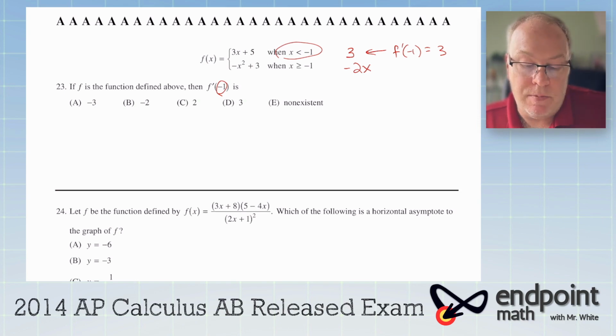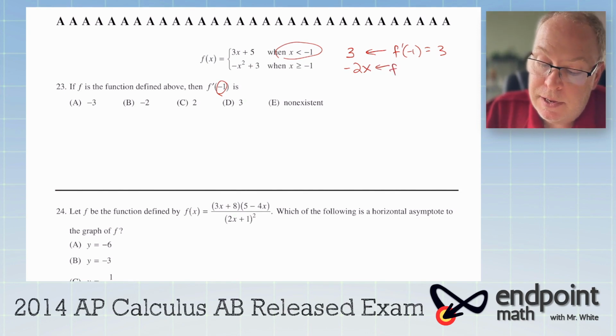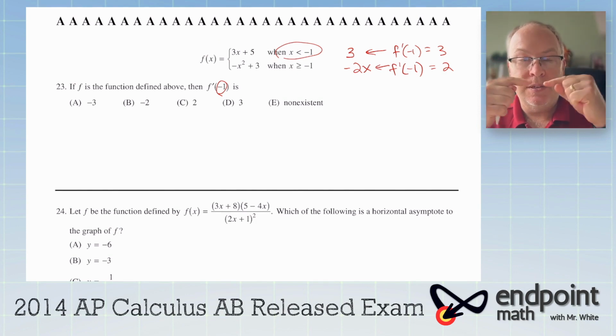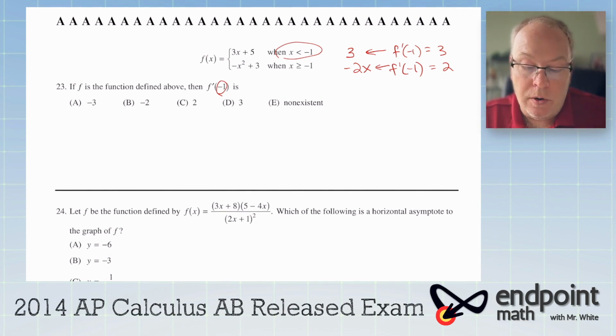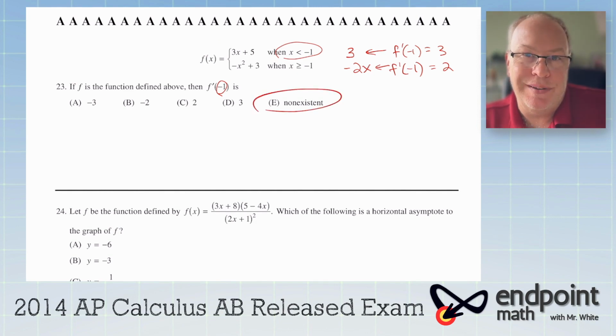I'm not using the proper limit notation here because I'm trying to move this along, just like you would during the regular exam. If you plug -1 in here, you get 2. The slopes are not approaching the same value, so this is a corner, and therefore the derivative doesn't exist there.